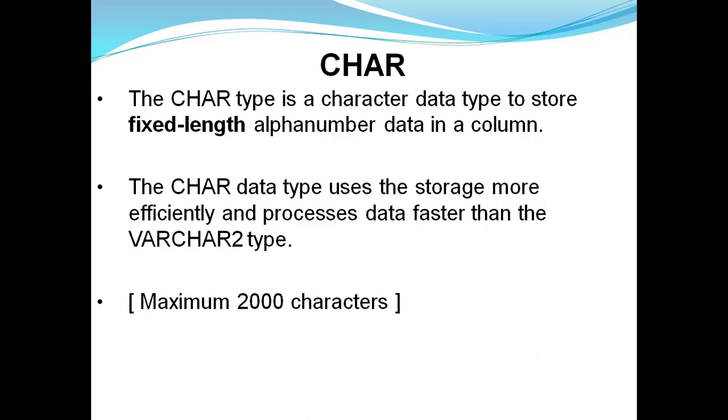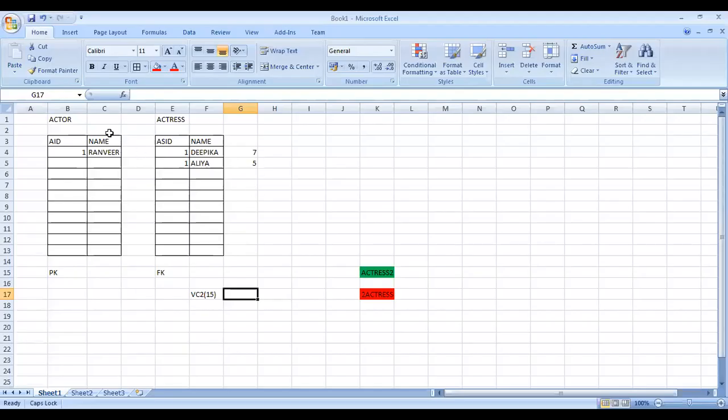What is char? Char is a fixed length data type. Maximum size of the char is 2000 characters. Maximum length of the char is 2000 characters. Now, see the difference. Here, let's say we have used a varchar2, and here I am using a char of 15.